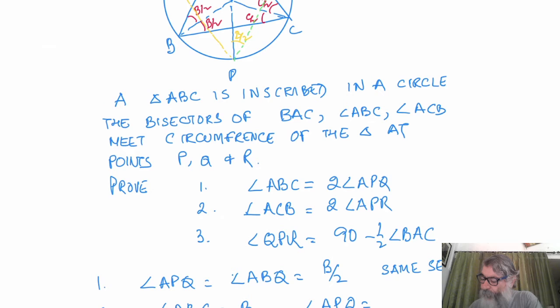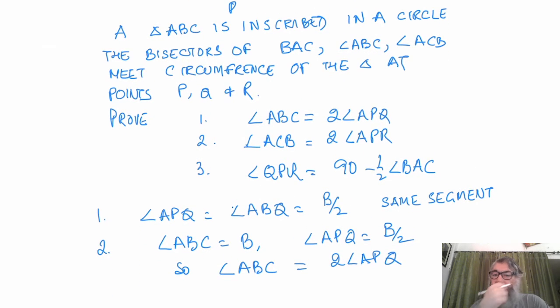B by 2. So angle ABC is double of angle APQ. That is the first thing we had to prove. ABC is double of APQ.